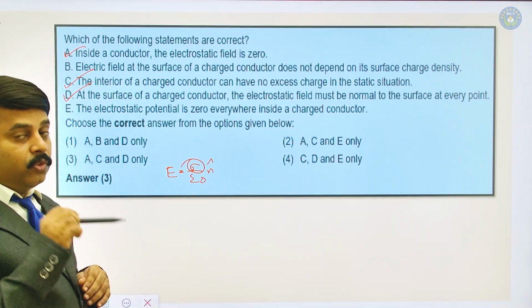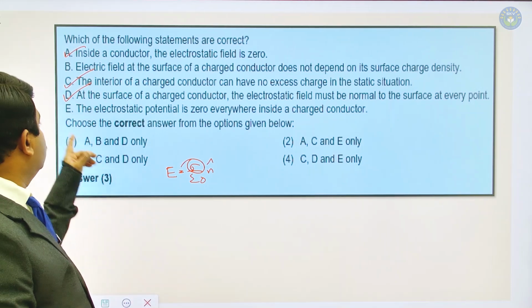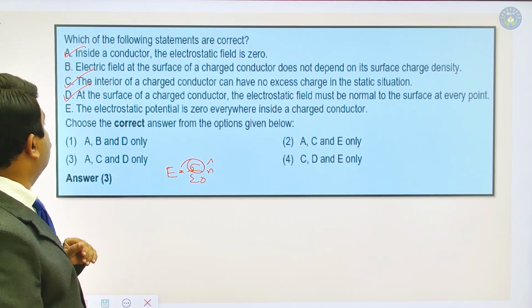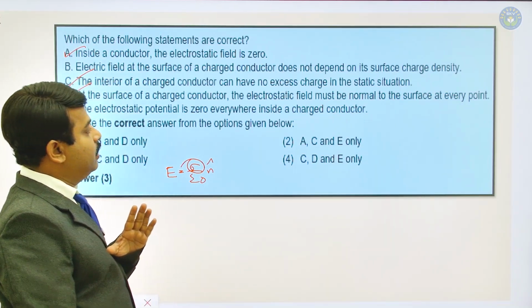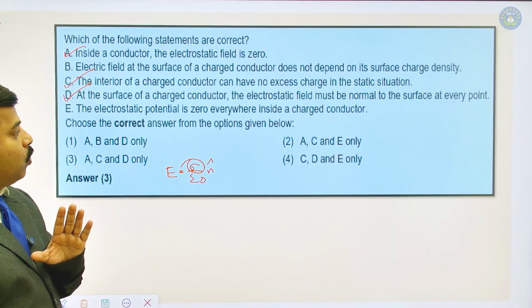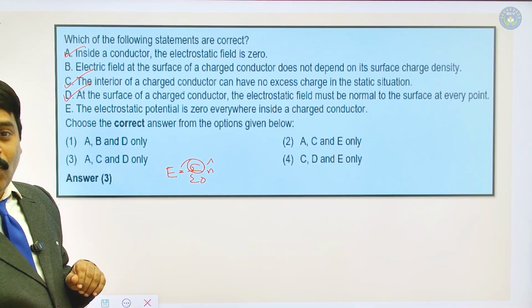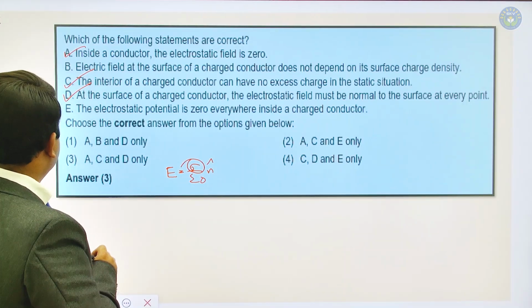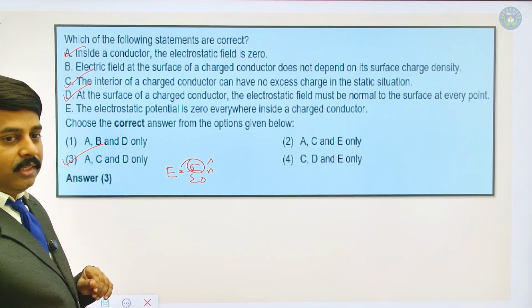The surface of a charged conductor behaves as an equipotential surface, so the electric field must be normal to the surface. D also correct. The electrostatic potential is zero everywhere inside the charged conductor. That is wrong, because only the electric field is zero; potential is always a constant, right? So option E is wrong. Then A, C, D only are correct. Option 3 is correct, right?